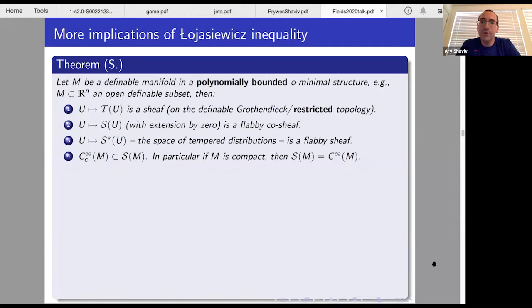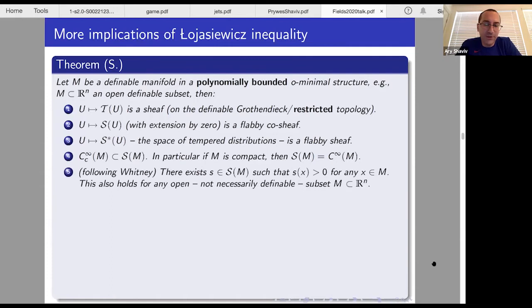And this is important because if you care about C infinity functions, and some people care about C infinity functions, and you want to study them on compact spaces, then you can study Schwartz spaces of these spaces, and it will be the same. So sometimes it's more convenient.